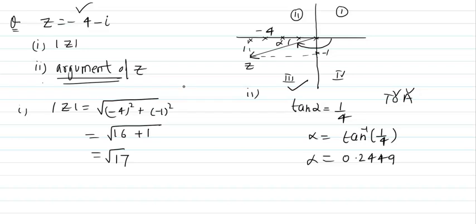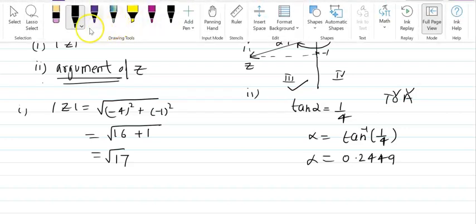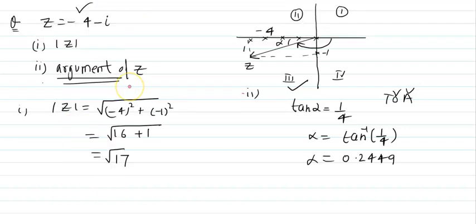So this angle, I'm just marking with the red ink, this red angle, alpha is 0.2449. Okay, so what should be the argument of Z? This red angle is pi minus alpha, with a minus sign.